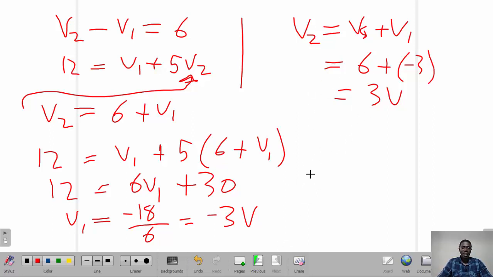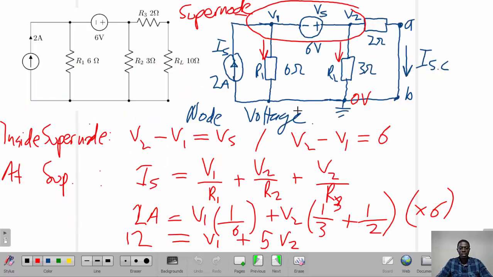And if you remember, when we looked at the circuit, the short circuit current should be obtained from the value V2 divided by the resistor R3, which is 2 ohms.